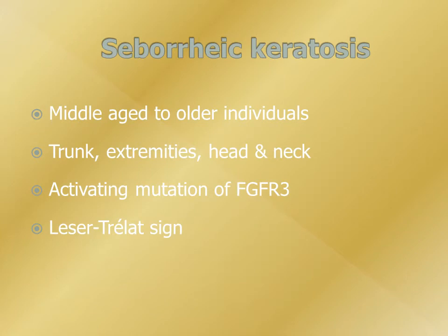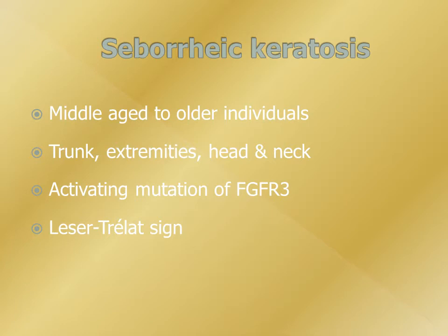Seborrheic keratosis affects middle aged to older people, and usually it is distributed on head and neck areas, trunk and extremity. A mutation in fibroblast growth factor receptor 3 is present in seborrheic keratosis. There is a very important sign called the Leser-Trélat sign that is seen in seborrheic keratosis.